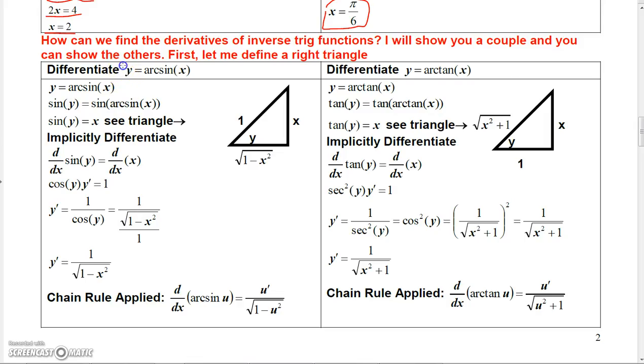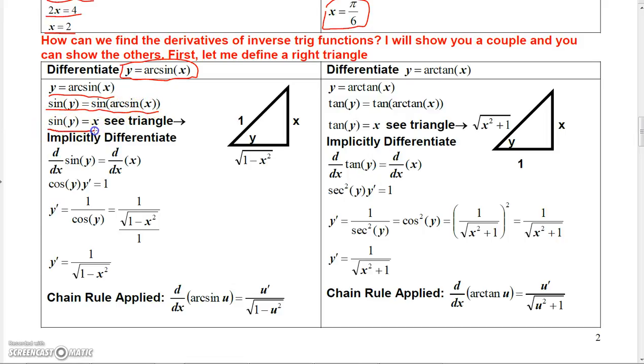Okay, I'll show you here how to find the derivative of arc sine of x, and then you can just snap a picture or pause the video and read the one for arc tan of x, but you're going to find them in a similar way. First of all, if y equals arc sine of x, then you're going to take the sine of both sides, and then you get sine of y equals x, because sine of arc sine of x is just x.